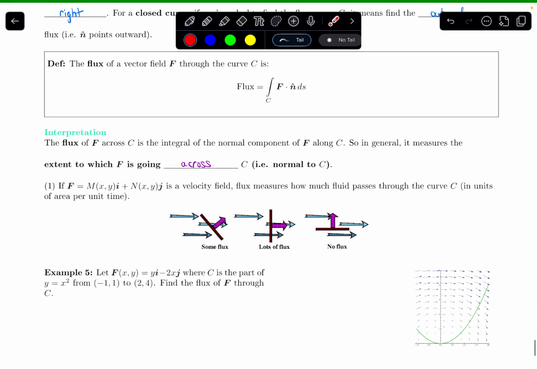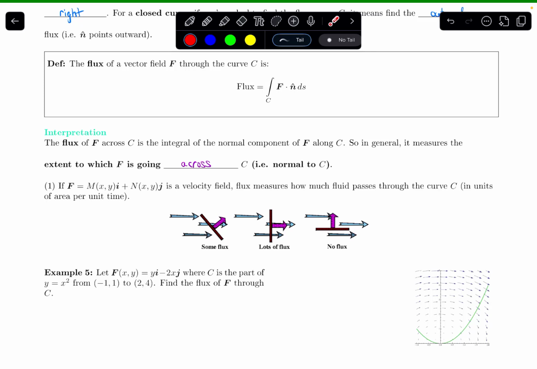So if I have my vector field F, and this just means I have some formula for the vector field, and if this is a velocity vector field, our flux measures how much fluid passes through the curve in units of area per unit time.